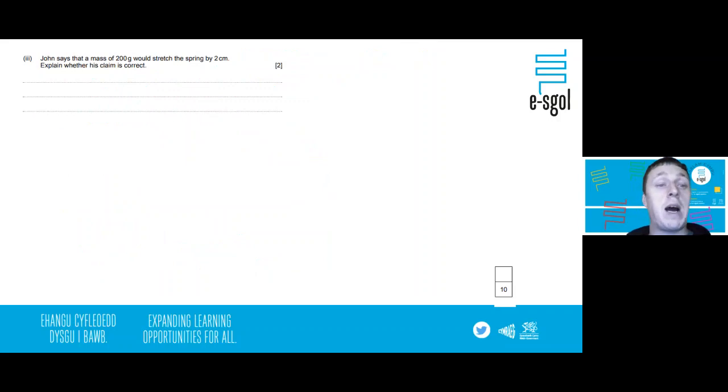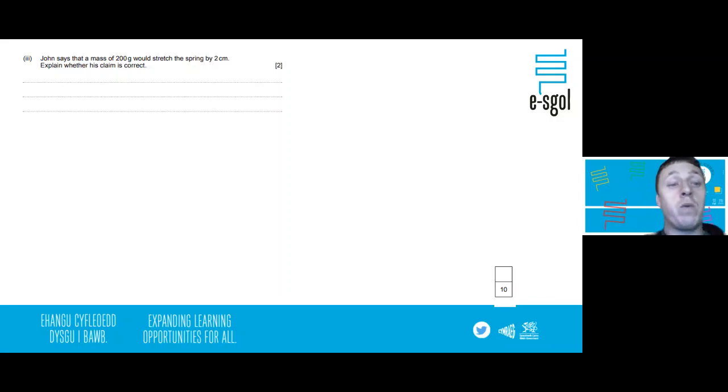If we move to part 3 of this question, it's a statement that says, John says that a mass of 200 grams would stretch the spring by 2 centimeters. Explain whether his claim is correct. So again, a question would explain you have to identify correct or incorrect, or it's a true statement or a false statement.